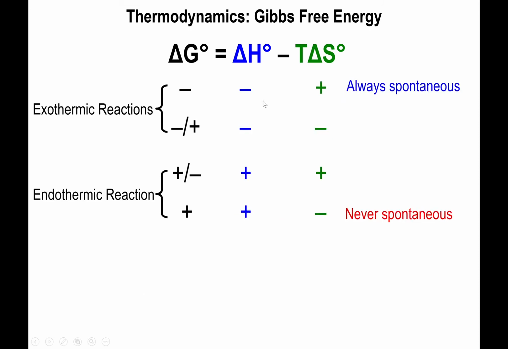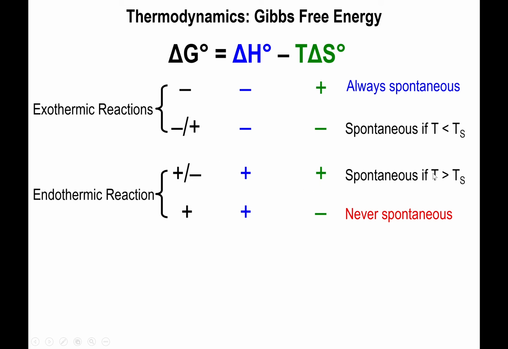All right, so going back to these things here. For the case where delta H is negative, which is good for delta G, you want to make the temperature as small as possible. So in essence, you want to make the temperature less than the reference value. And in the case where the enthalpy is positive, you want to make the temperature as high as possible, because it's through the entropy that you will make delta G negative.